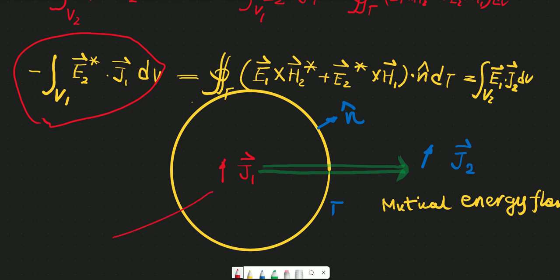The source created energy, and the energy outside is this part, and this is the energy going inside J1.